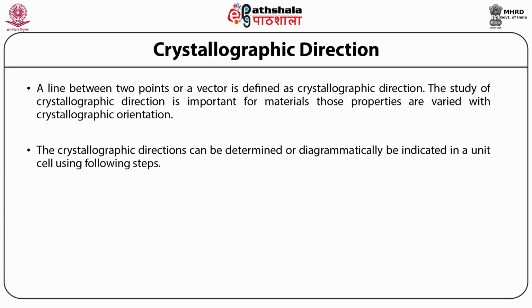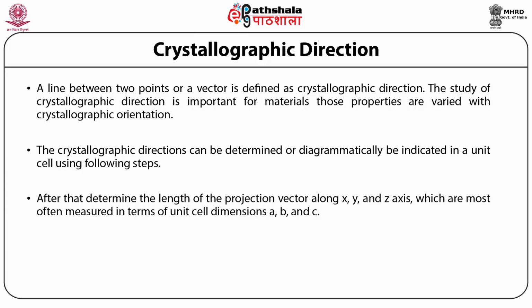The crystallographic directions can be determined, or diagrammatically indicated in a unit cell, using the following steps. First, draw a direction vector of convenient length from an origin of the coordinate system, or say a corner of the unit cell. After that, determine the length of the projection vector along x, y, and z axis, which are most often measured in terms of unit cell dimensions a, b, and c.